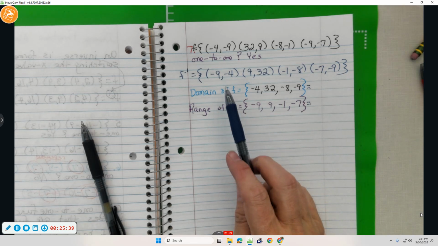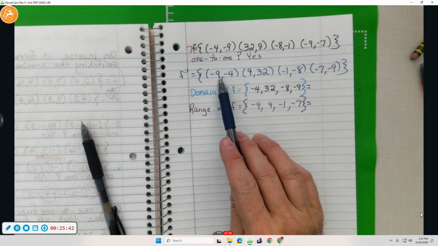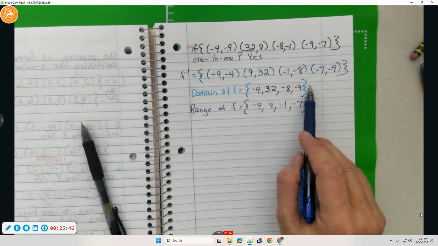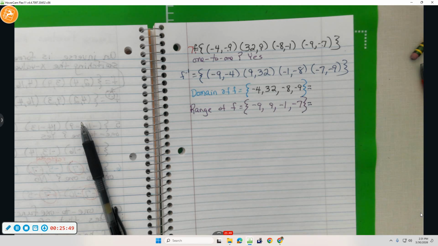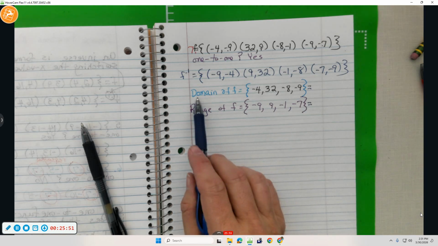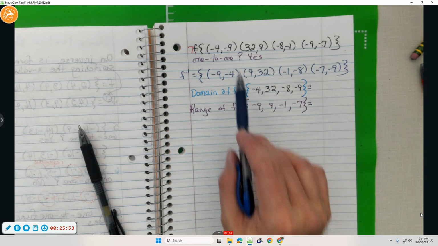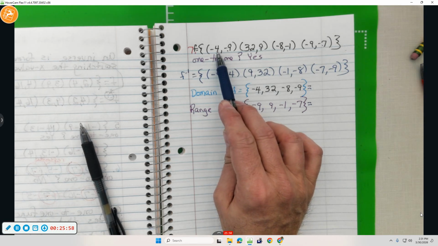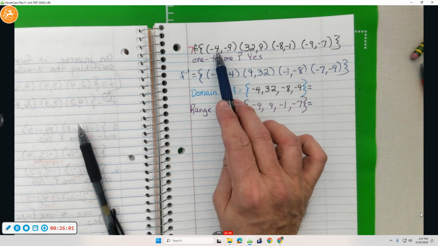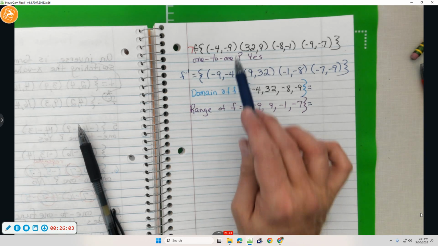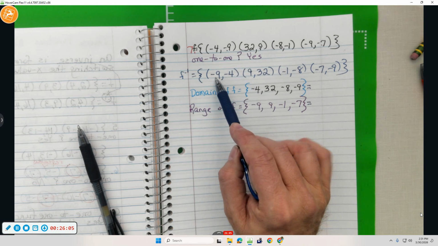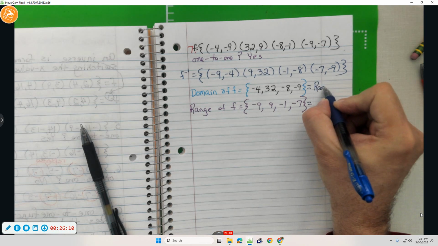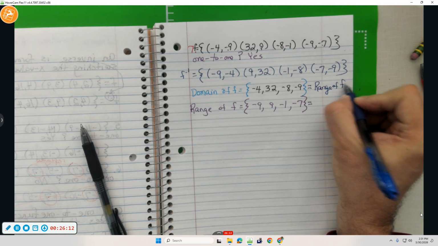What's the domain of f inverse? Which one of these is also the domain of f inverse? I already have them written out here. The range, because of the way we're swapping the x's and the y's. The x became a y, the y became an x. The domain of f is also the range of f inverse.